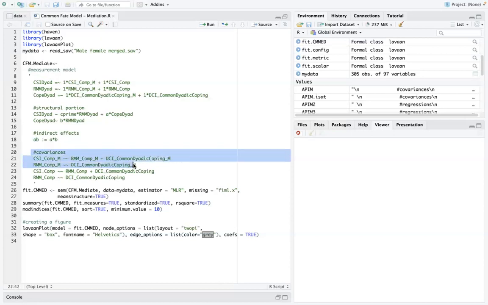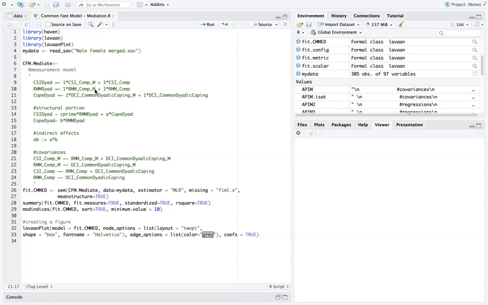In the common fate model, we always will report, or estimate, I should say, the residual covariances between all the within person effects. What I mean by that is that for each common fate variable, we have a male and a female report. So we have 3 male reports and 3 female reports.